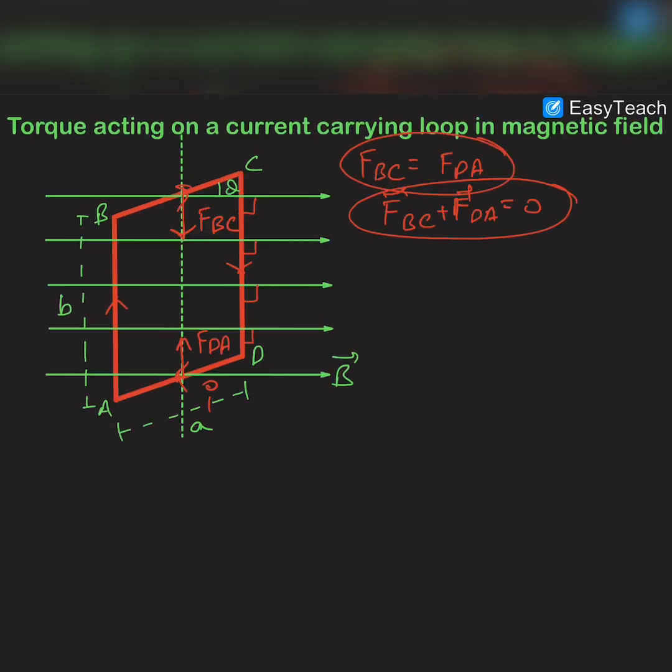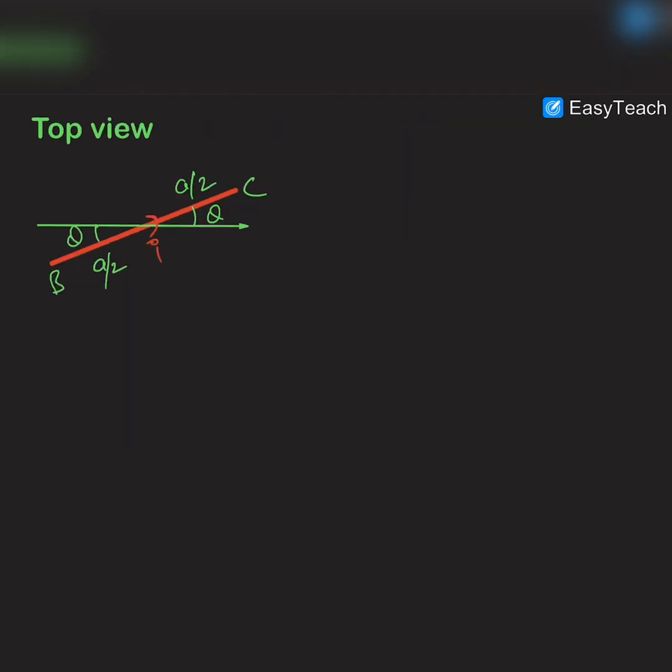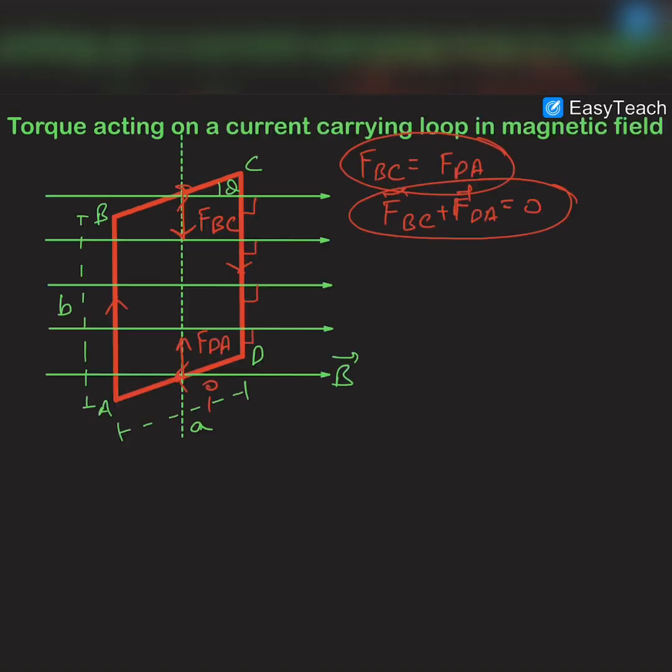If we are viewing this wire from the top, from this position, then we will visualize the edge BC like that, tilted, and current will be flowing from B to C. We have already discussed that the force acting on the edges BC and DA is 0.